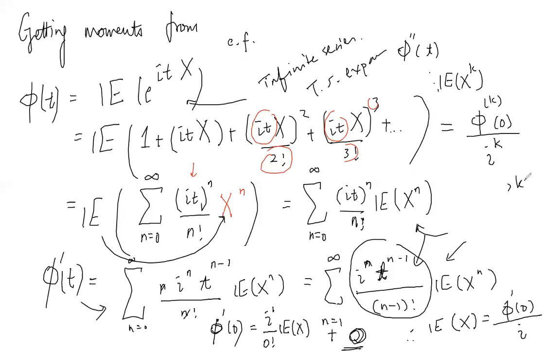Okay, k is 1, 2, 3, and so on. So to find the kth moment from the characteristic function, it is almost the same as your moment generating function, except that you differentiate the characteristic function k times, set t to 0, and then divide by the complex number i raised to the power of k. So it's very easy to remember.